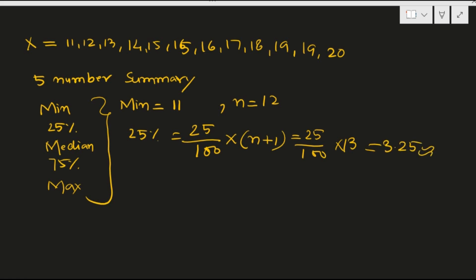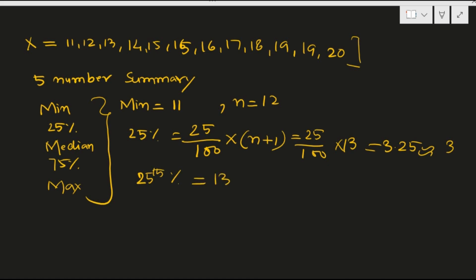This is nearby 3, so the 25th percentile will be the third element among the data points. The third item is 13, so the 25th percentile is 13.